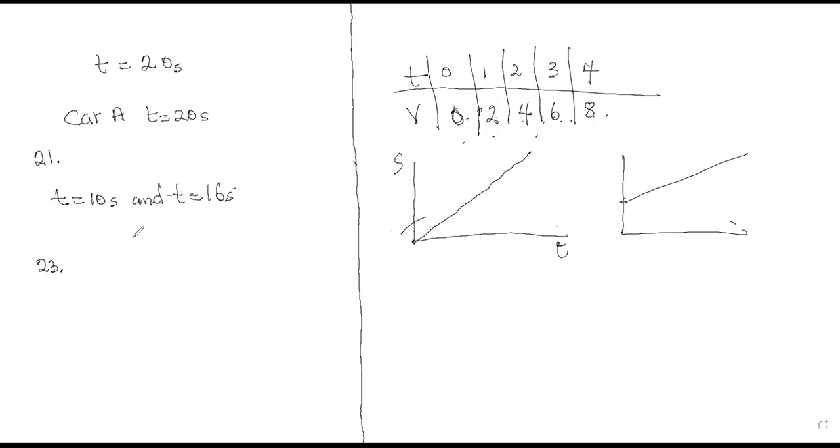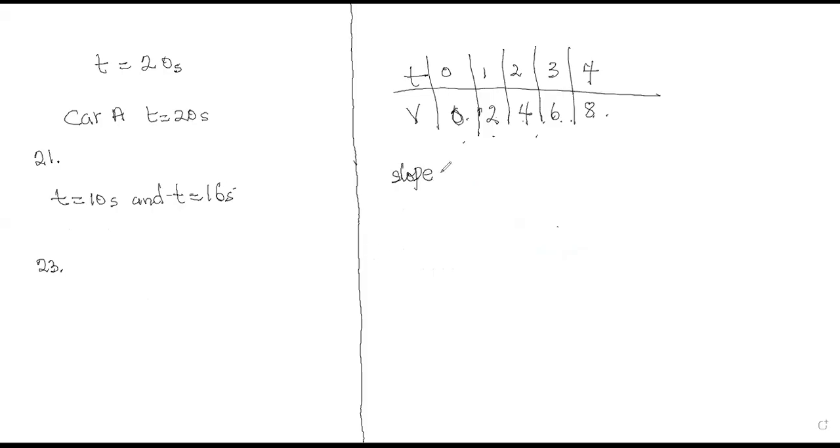A and D. So let's calculate the acceleration of A and then D. Acceleration is equal to the slope of the graph, so change in speed over change in time.